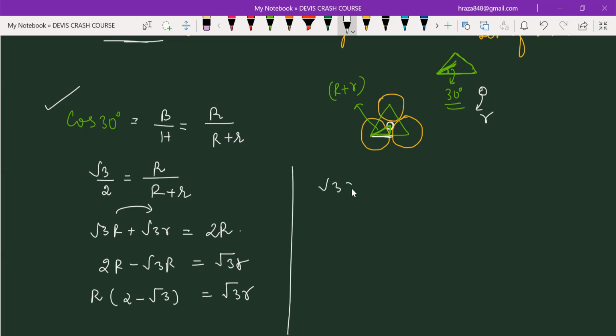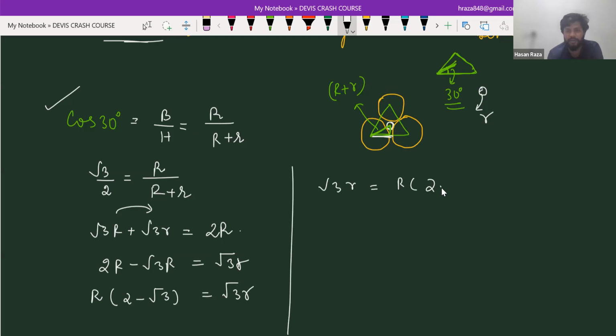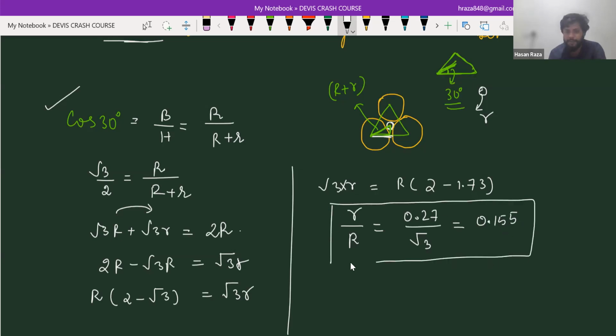So root 3r will be r into 2 minus 1.73, and I'm going to write r upon r. And 2 minus 1.73, how much is it? 0.27. Since this is in multiplication form, it will be in the denominator of the right hand side, and if you solve it, you will get 0.155. But in exams, we are not going to do this, but we need to remember the value, the radius ratio range.